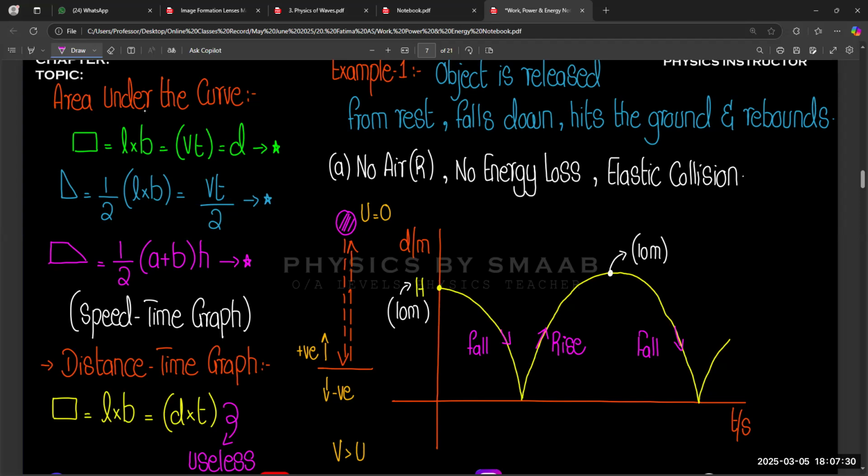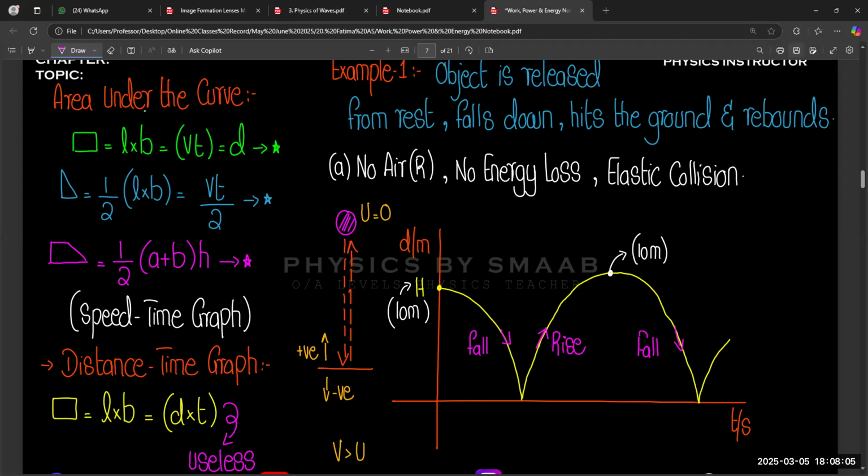This can be considered in the case of gas particles, right? When we are talking about the micro level, we consider that energy is 100% utilized, or there is elastic collision. We will discuss that in the chapter of momentum after this kinematics. And for example, if we want to draw from the negative side, we can also draw the mirror image of this graphical representation, right?